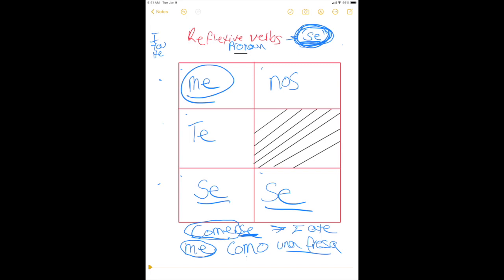Not just I eat a strawberry, I ate a strawberry, or I ate a strawberry this morning, or something along those lines. So we're taking the se, and notice it's detached. Okay, we're not attaching it. Does that make sense to everybody? So we're basically taking the subject, figuring out which of the pronouns I need, put it at the beginning, and conjugate it like we normally would.